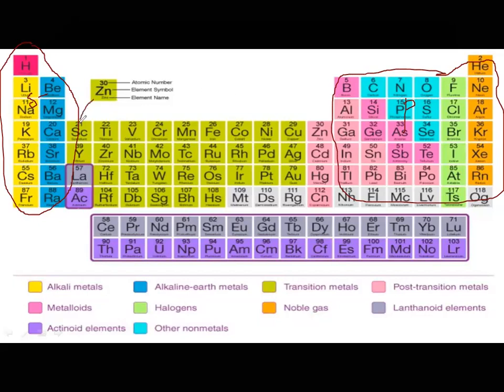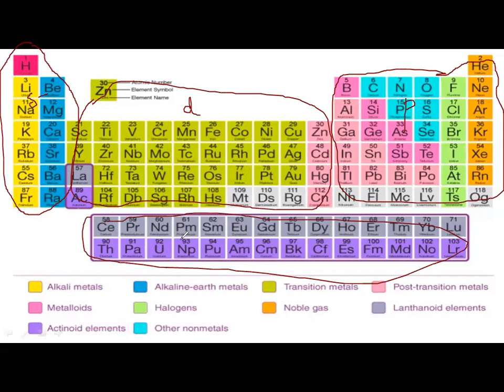In these elements, the differentiating electron will enter into d orbital, and in these cases, the differentiating electron will enter into f orbital. Therefore, this is called s block, this is p block, this is d block, and this is f block.